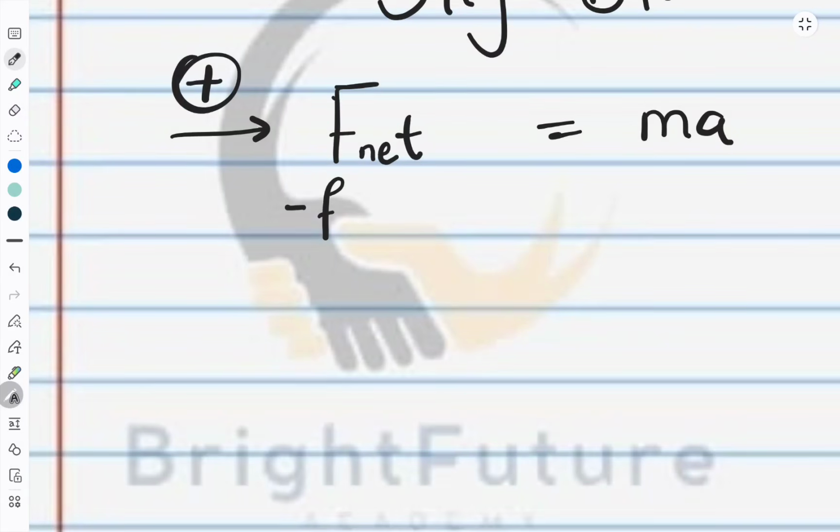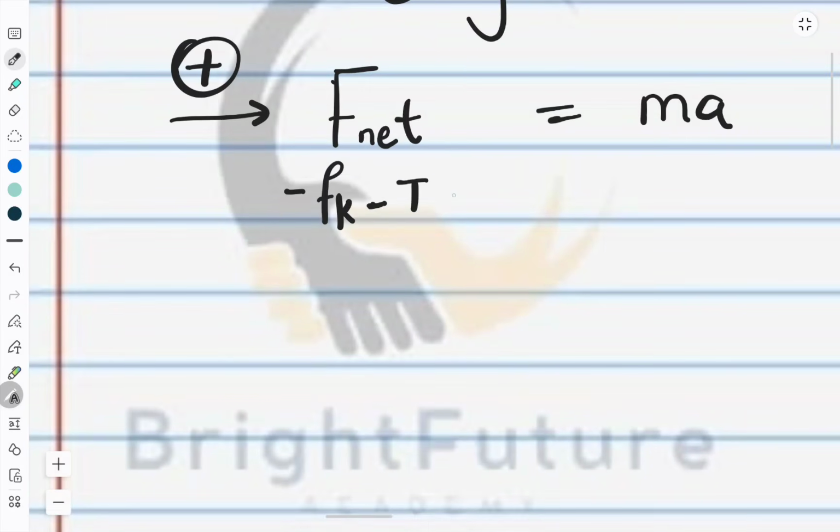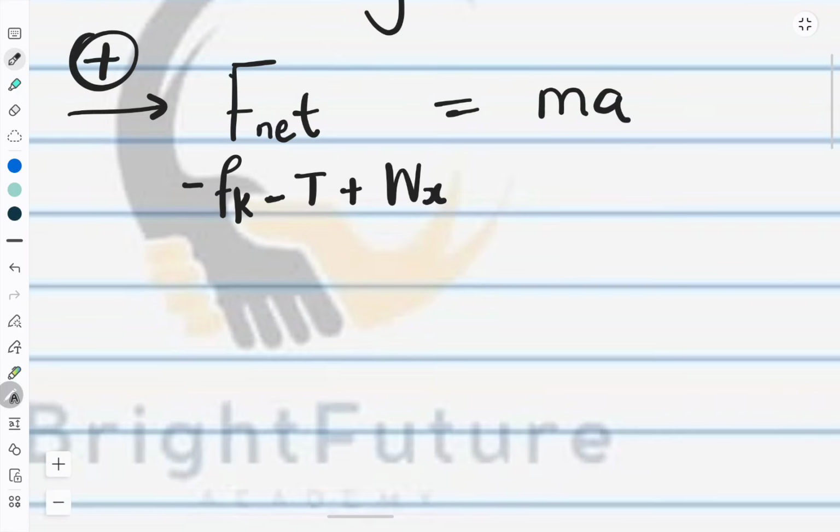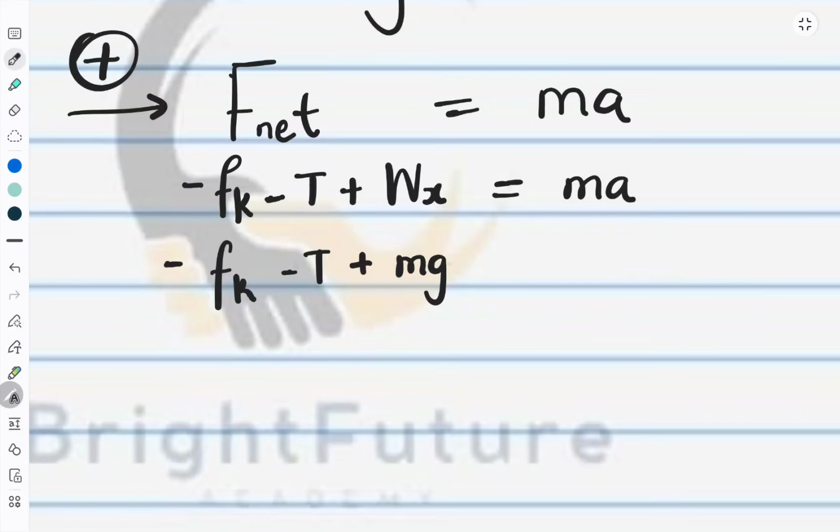We must stick to the same thing. Minus T and then plus my parallel component of weight equals ma. Before I substitute, let me do one last step: minus T plus mg sine 30 degrees.